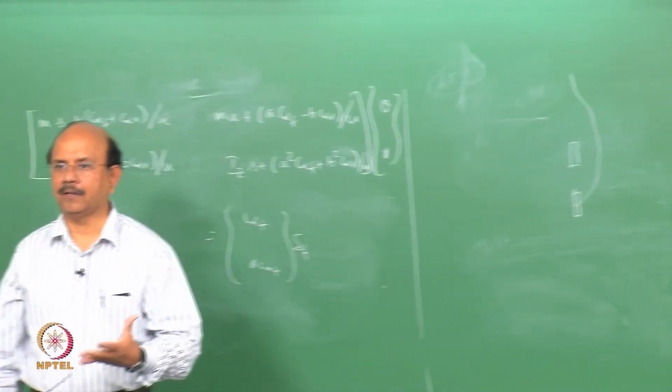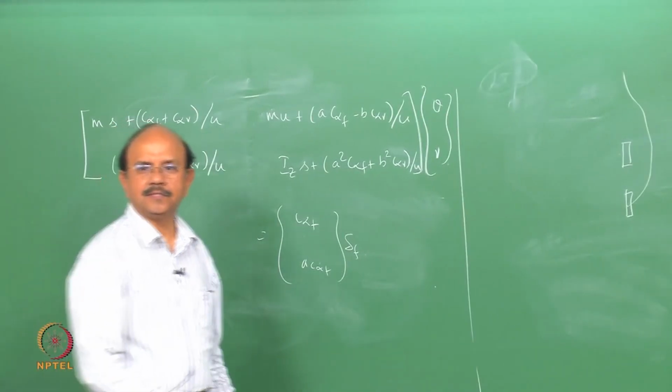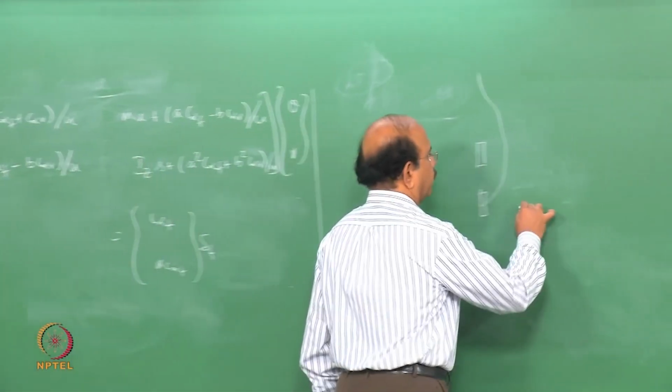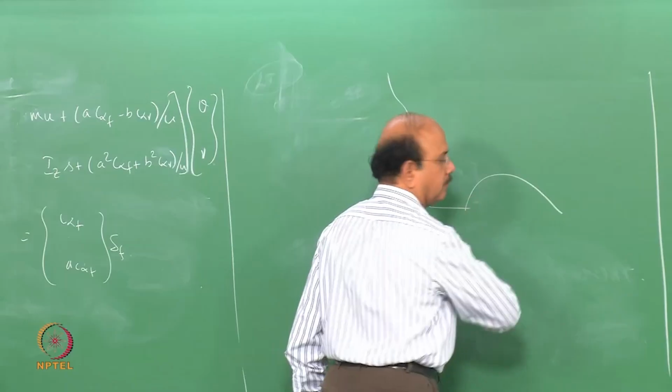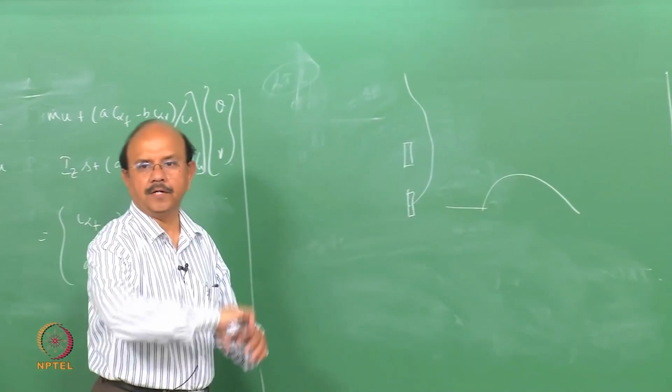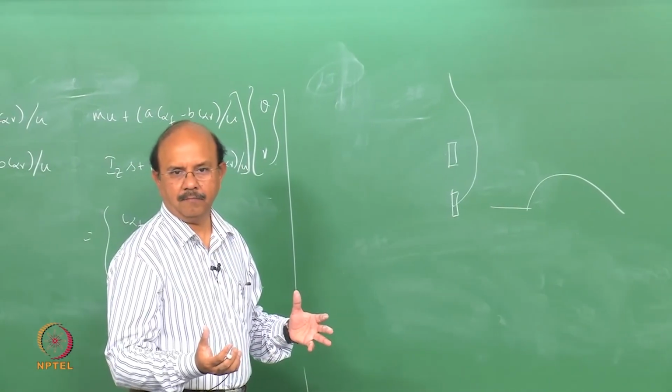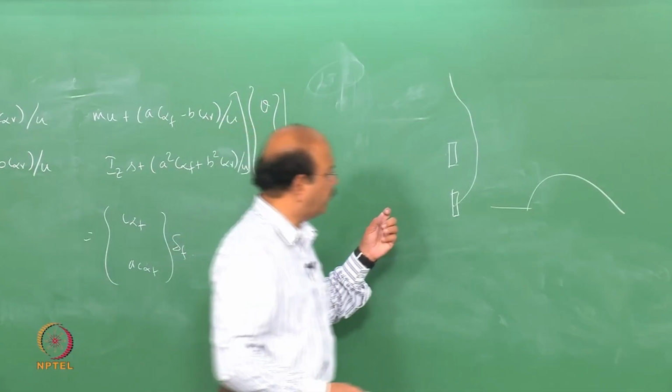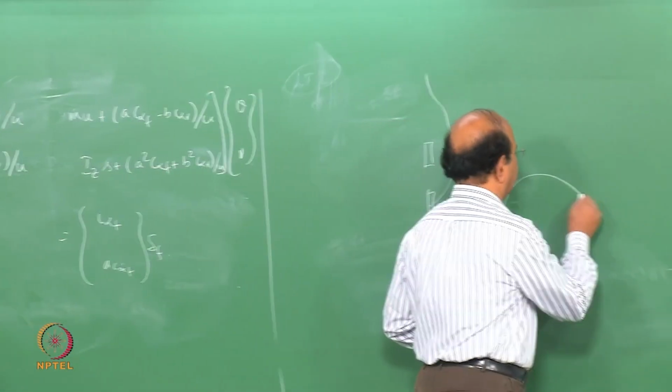The other one is when you take, for example, a sharp turn. Why am I putting these two as if they are different cases?